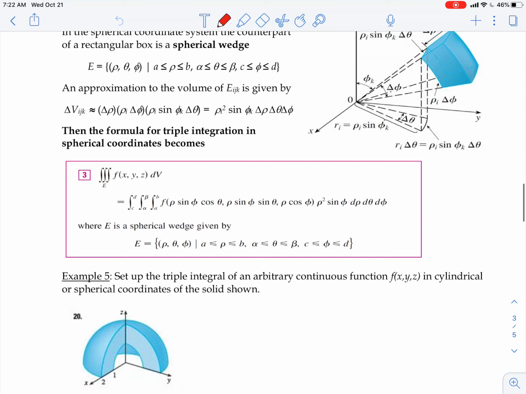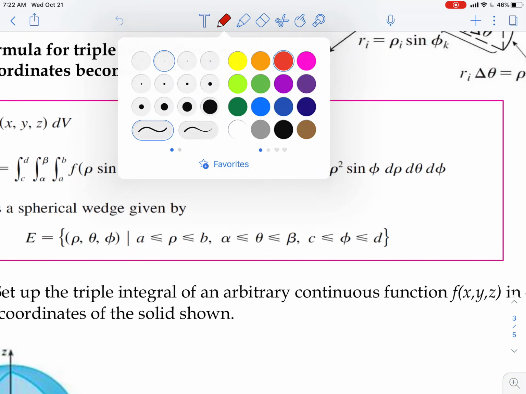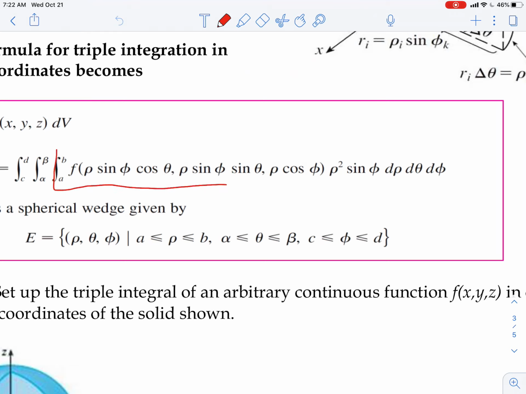Now, when we're trying to find the volume of a spherical wedge, the triple integral formula is just going to be our variables defined. And again, this is always going to be defined in this order, where rho always wants to be the inside integral.